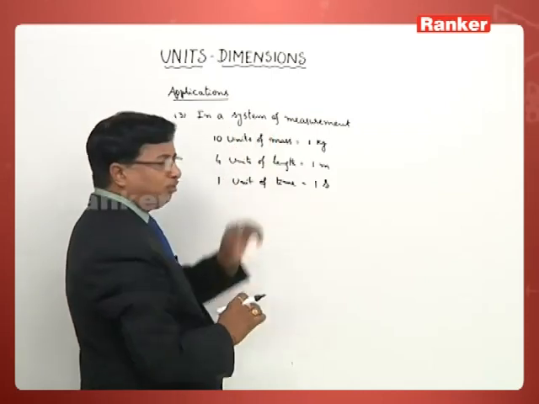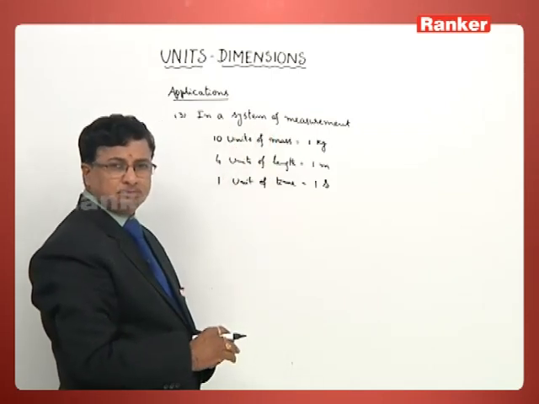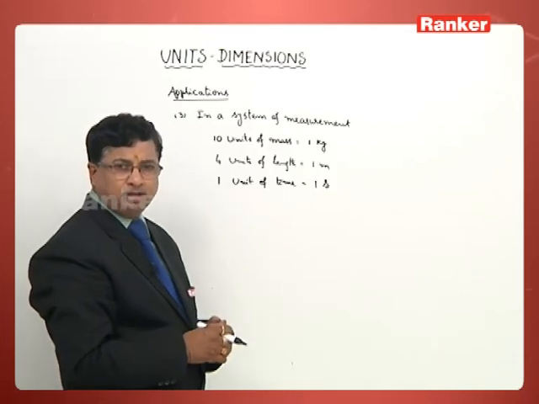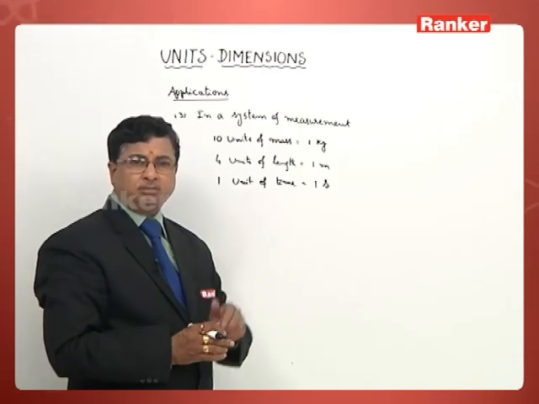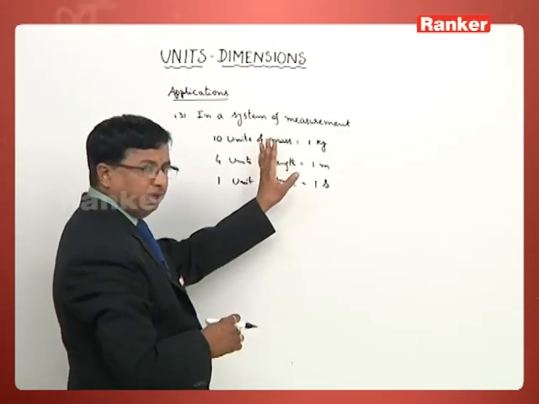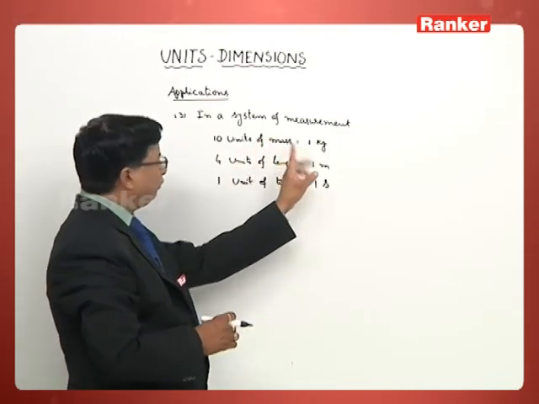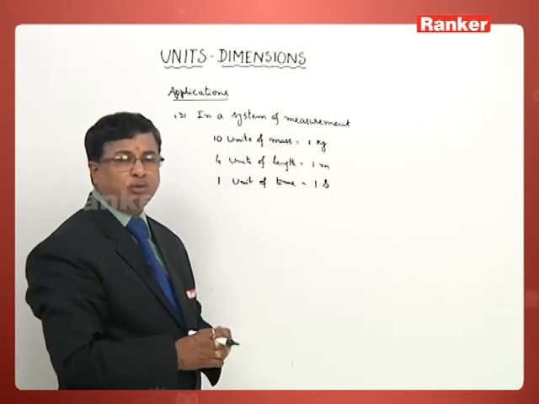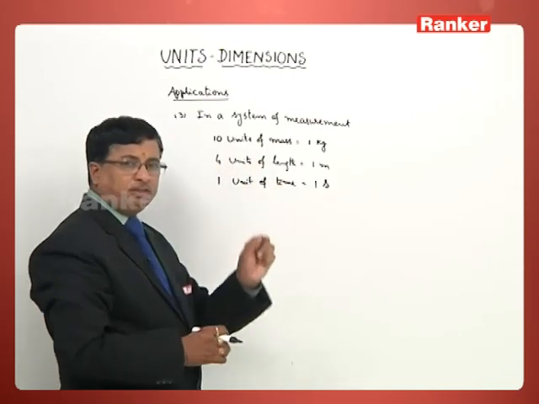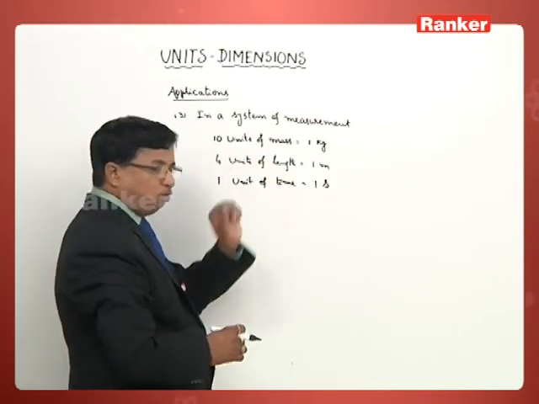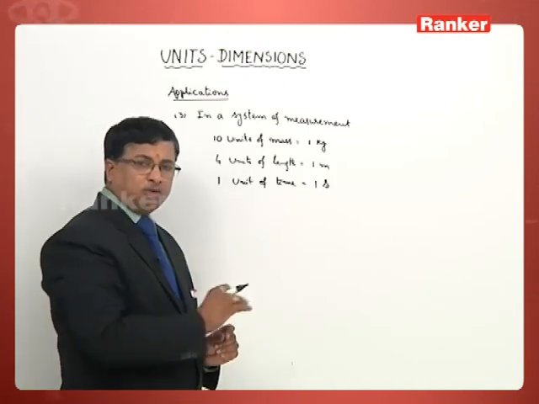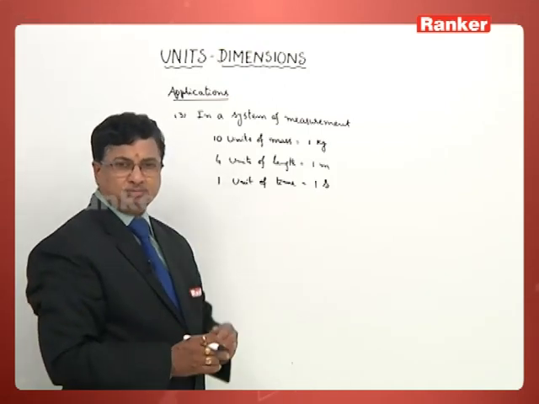There is a system of measurement, probably a sort of a dream system. It is not going to exist in reality. So, a system of measurement is given this way. 10 units of mass in that system is equal to 1 kilogram. 4 units of length in that particular system is equivalent to 1 meter. 1 unit of time is equivalent to 1 second.